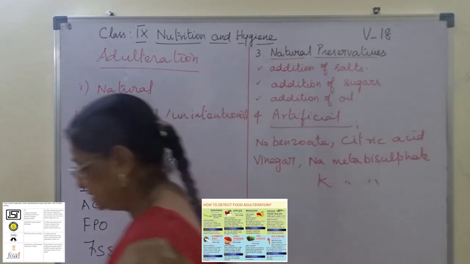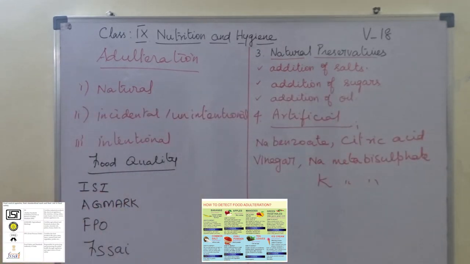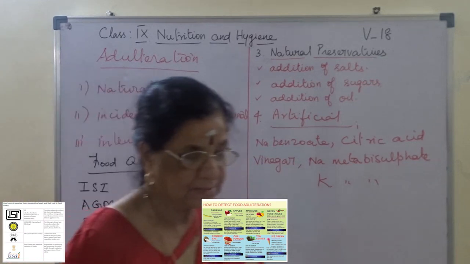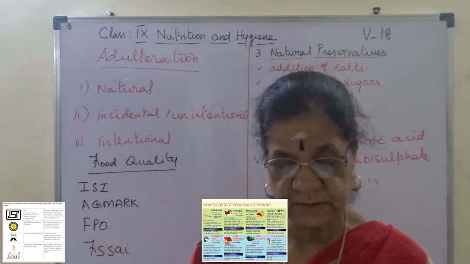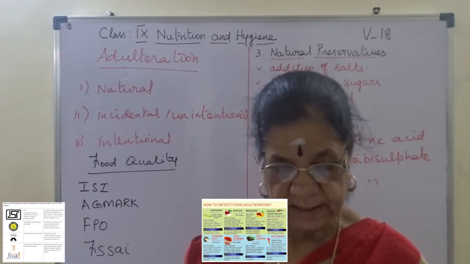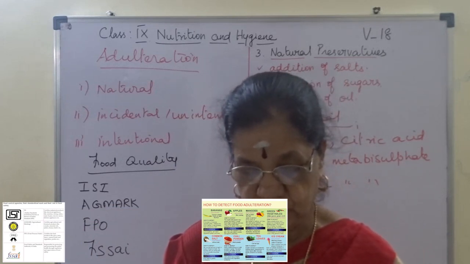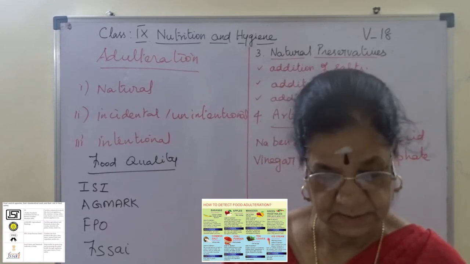Adulteration is defined as addition or subtraction of any substance to or from food so that natural composition and the quality of food substance is affected.